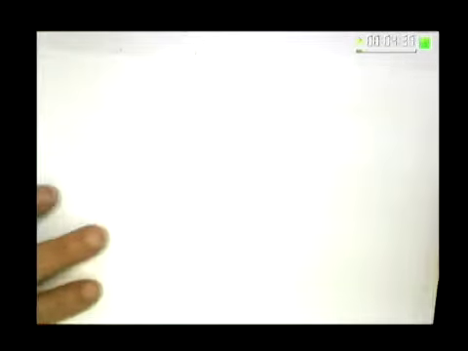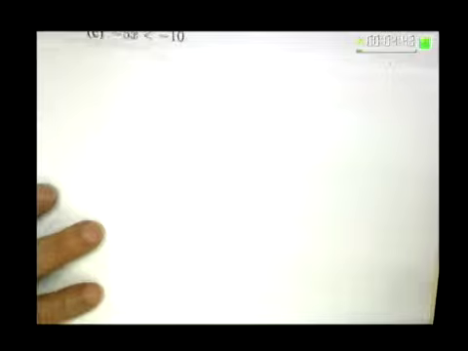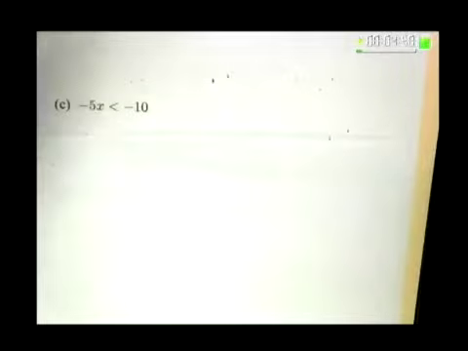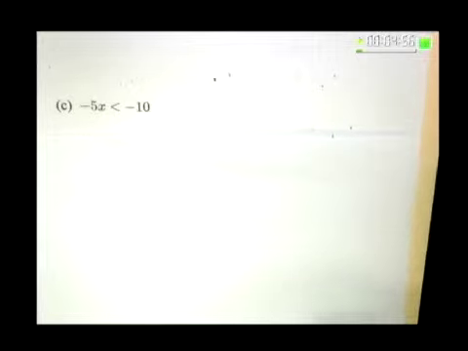The next question is fairly easy, but it's illustrating what I showed you before. Negative 5x is less than negative 10. This is 14c. Okay, I want to leave my variable on the left side.